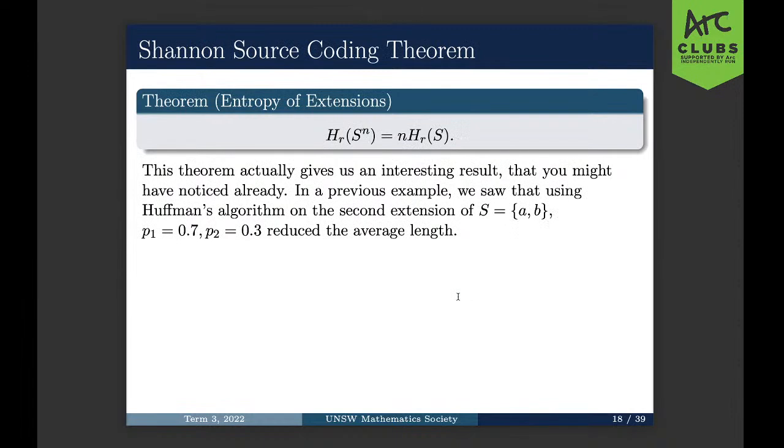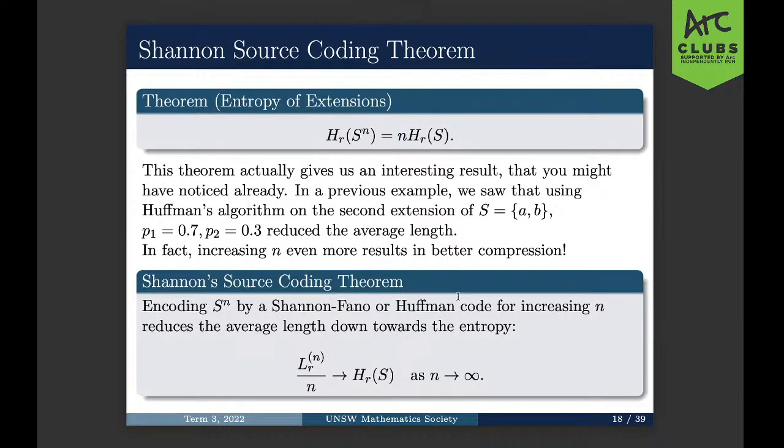And it turns out that this theorem really gives us an interesting result. You might have noticed this already. Remember in Monday's seminar, I showed you how using the second extension reduced the average code length compared to just using Huffman's algorithm on the original source.